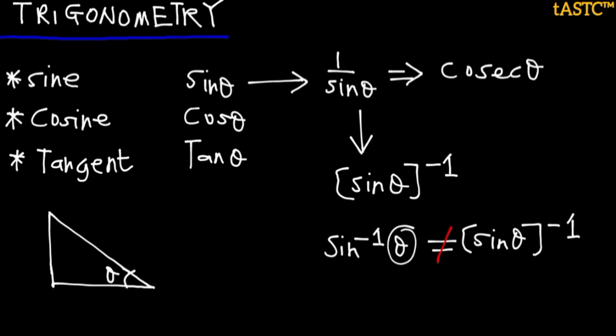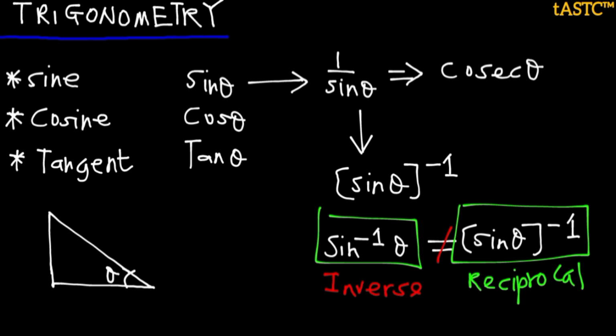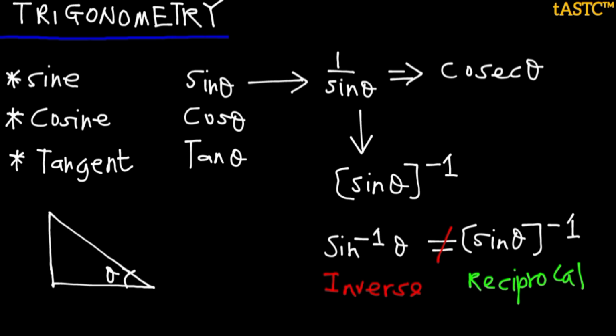So this stands for the inverse of the angle theta, while this stands for the inverse of the whole sine theta. So in one way, I could well call this the inverse, and this is going to be called the reciprocal. So you just need to hold that at the back. Bear in mind, this is not the same thing as this. So I'm going to take these out.